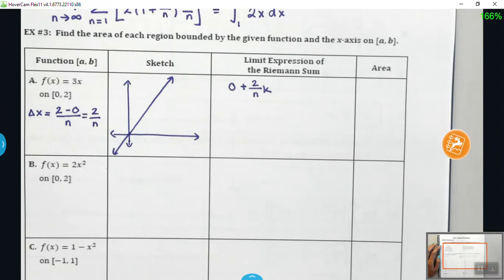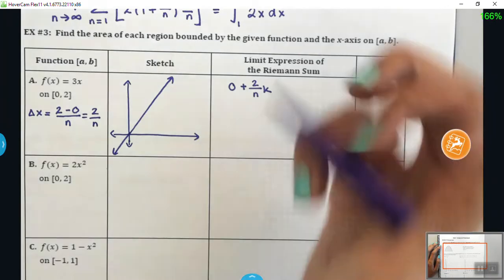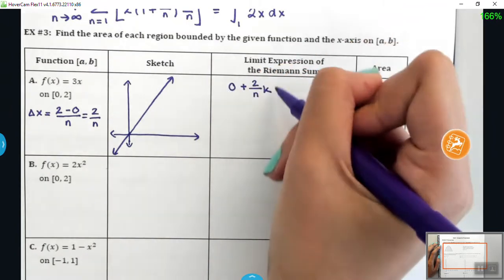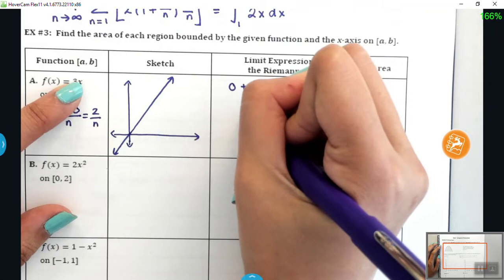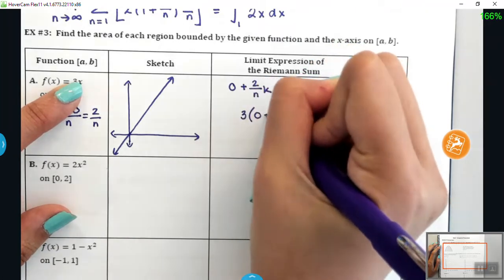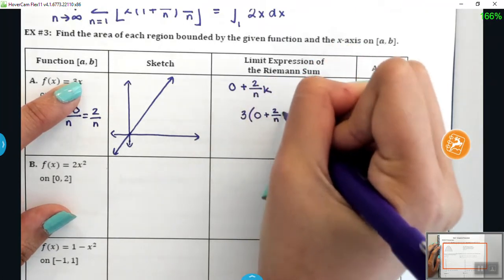Okay, then I want to find the height of my rectangles. So I take this and I plug it into my function. So it would be 3 times 0 plus 2 over n k.